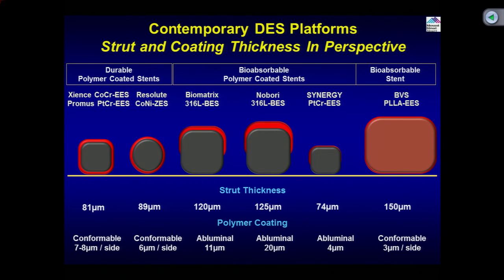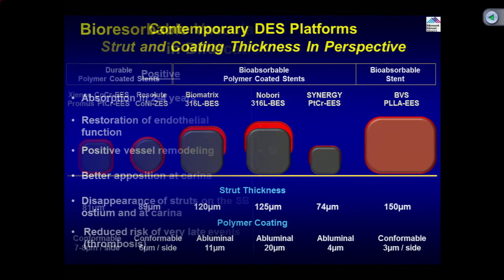So that is the key. It is a very thick strut, and if you try to do overlap, you are going to decrease the lumen, which is 0.14 millimeter or 1.5, and times 2 almost becomes 0.3, an occlusion.